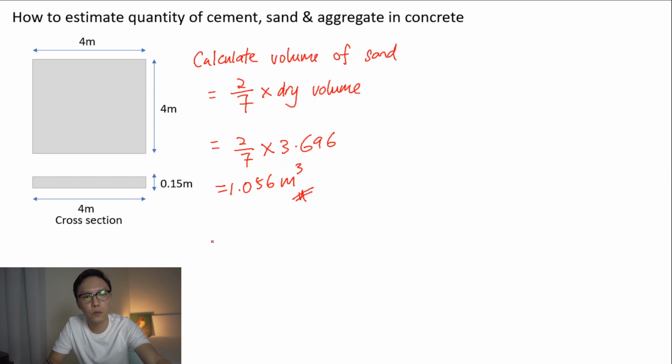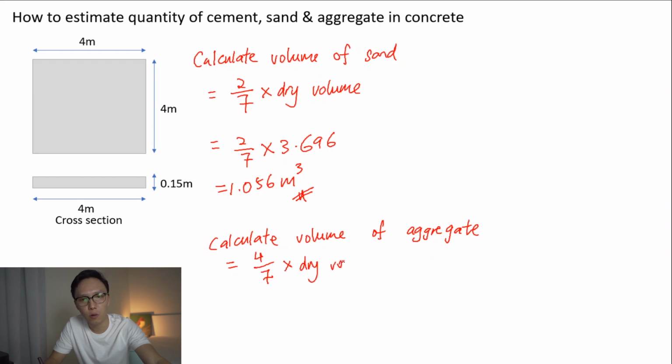And next we will calculate the volume of aggregate. To calculate the volume of aggregate, the ratio of aggregate is actually 4, and the total ratio is 7, times the dry volume of the concrete.